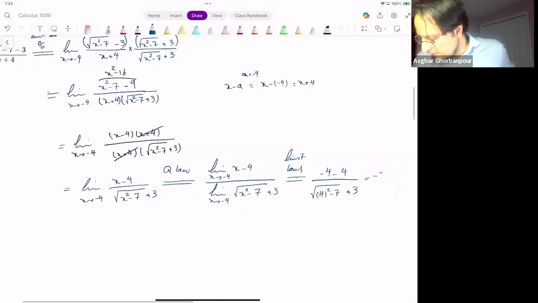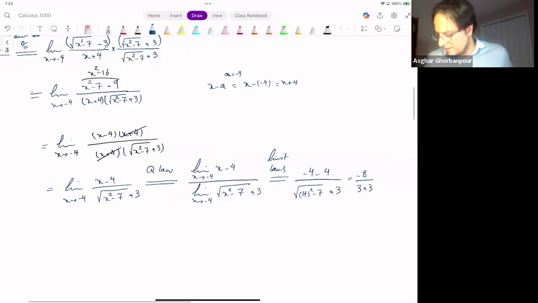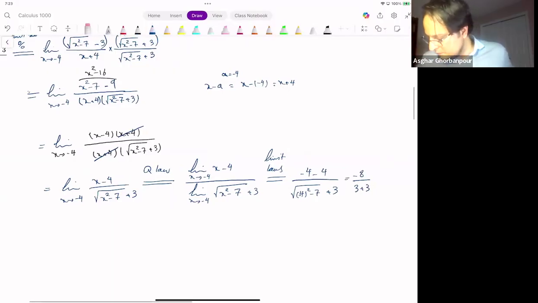And that's negative 8 over, so that's 16 minus 7, that is root 9, which is 3, plus 3. That gives me negative 8 over 6, or negative 4 over 3.